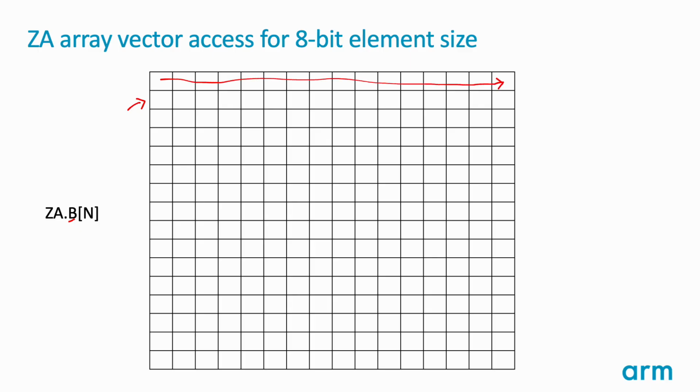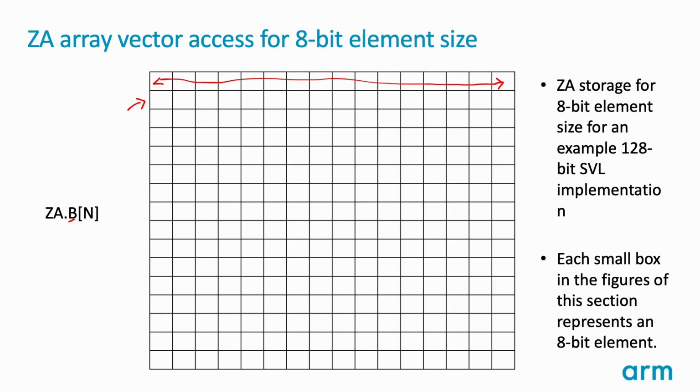Here it is a 128-bit implementation, so it will be about 8-bit element size. We'll be accessing them as ZA.B. So we will have about 16 elements, and the ZA array size would be 16 by 16. Each small box determines the 8-bit element.